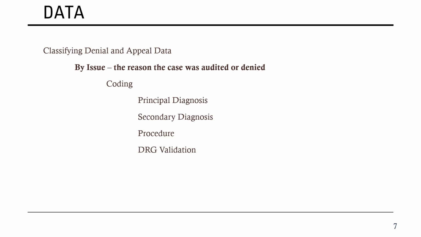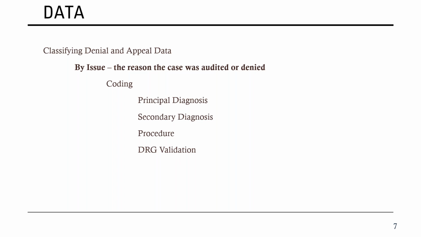Okay, let's talk about coding. The primary issues that we see with coding are that they may deny a wrong principal diagnosis. They may deny a secondary diagnosis on the claim, stating it didn't meet criteria to be a reportable diagnosis. They might deny a procedure, saying it wasn't coded correctly, or maybe that the procedure wasn't documented in the medical records.